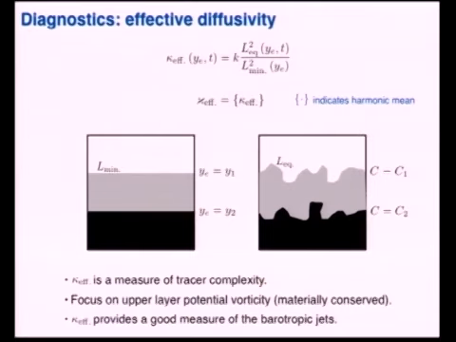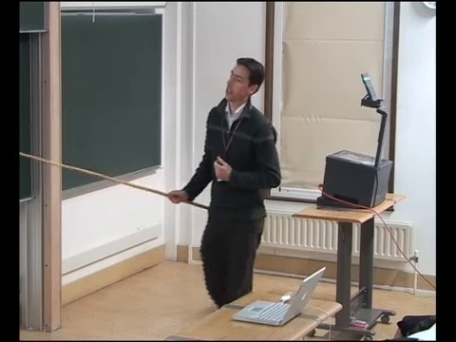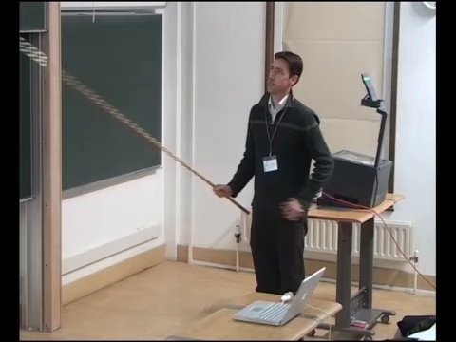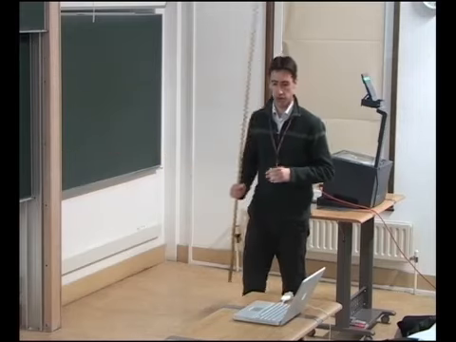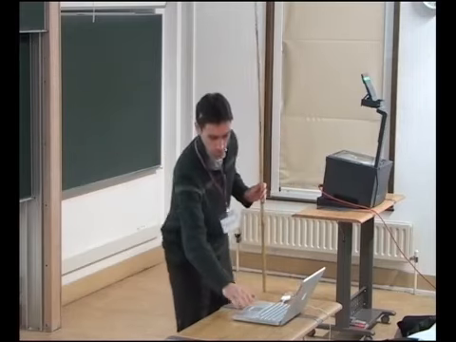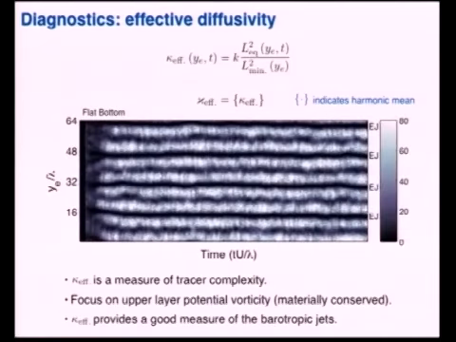Where you have strong mixing, you have long contour lengths, and you have large mixing. So effective diffusivity is essentially a measure of tracer complexity, and I'm going to use it as a measure of transport in these simulations. And what I will be showing in the results here is the effective diffusivity diagnosed from upper layer potential vorticity, which is materially conserved.